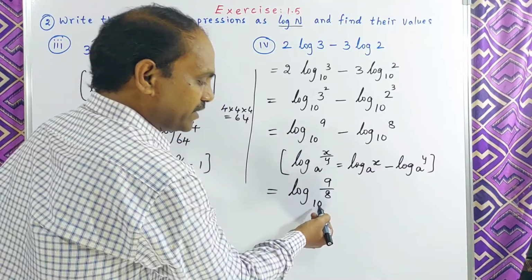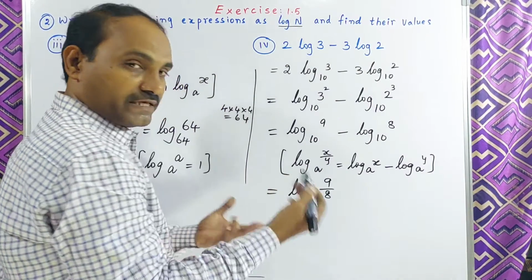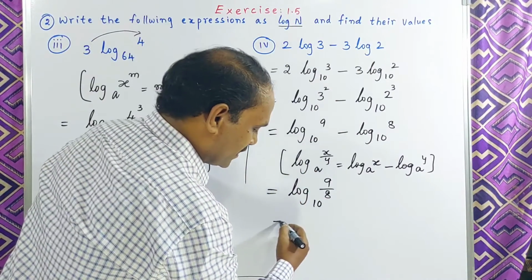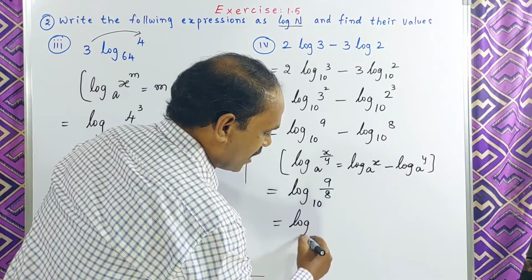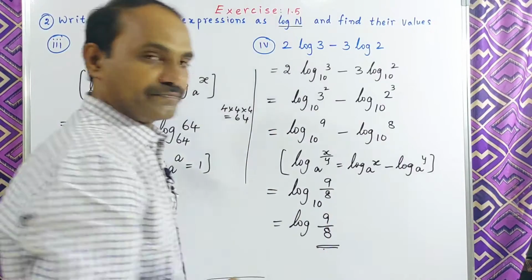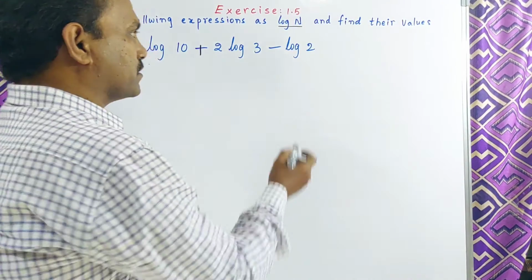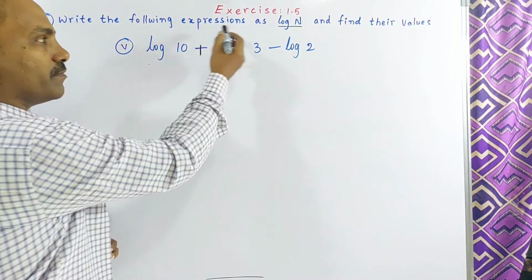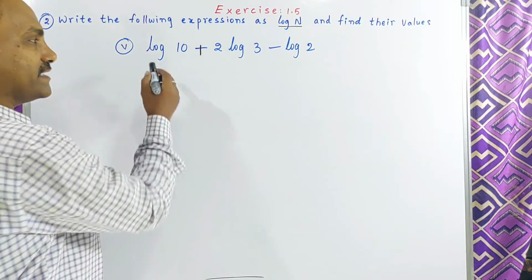Okay, no need to write base 10. Why? Because if nothing is there, base is 10. That's why this answer becomes log 9 by 8. Is it understood?